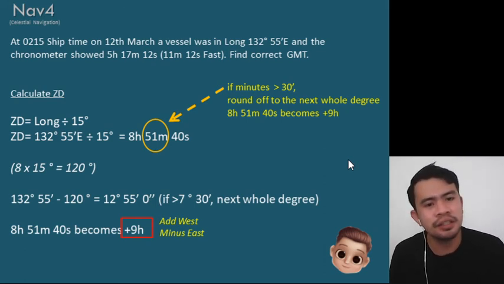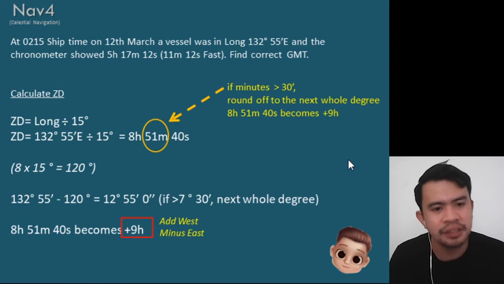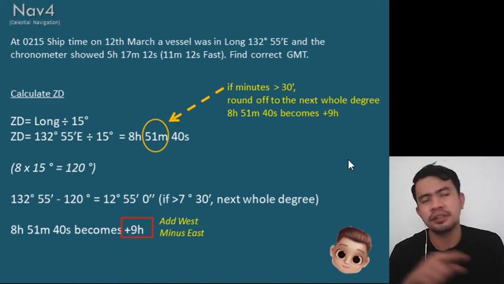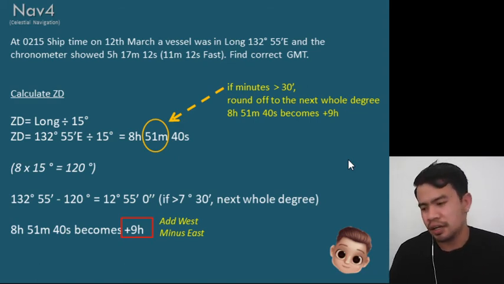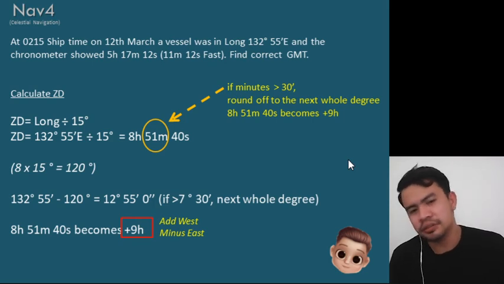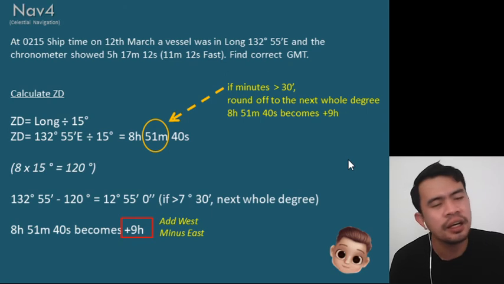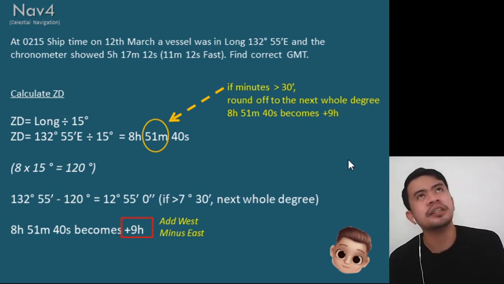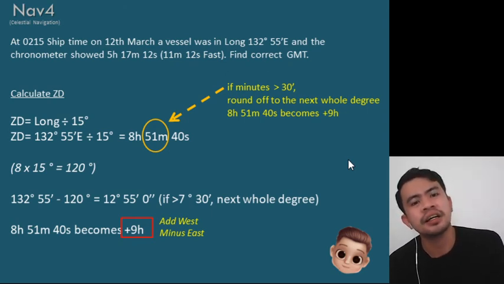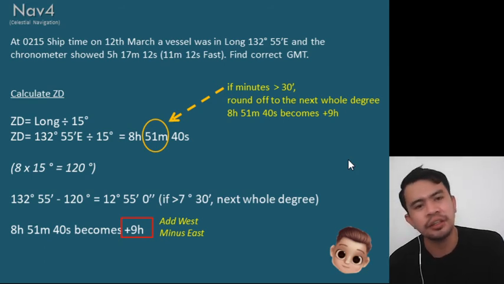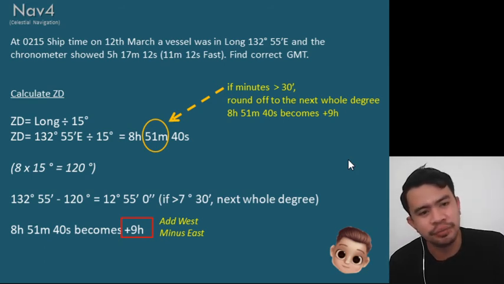But the ZD here is minus, no? Minus 9 kasi we're talking about the amount of time na idadagdag natin sa LMT for us to get the GMT.